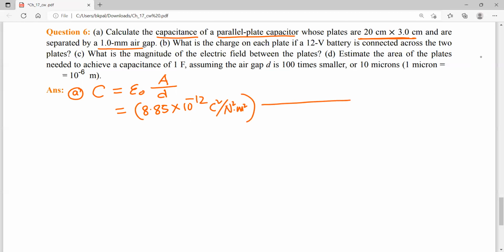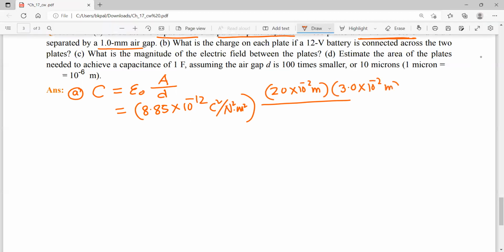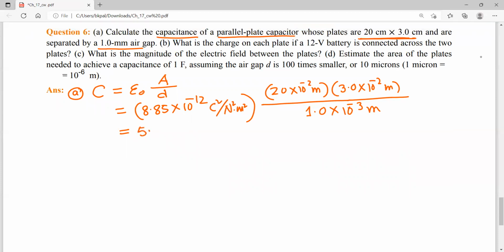The area is 20 centimeter, so 20 times 10 to the power minus 2 meter, times 3 centimeter, 3 times 10 to the power minus 2 meter, and the separation is 1 millimeter, which means 1 times 10 to the power minus 3 meter. Plug all these values in your calculator, and you should get something like this: 5.3 times 10 to the power minus 11 farad.